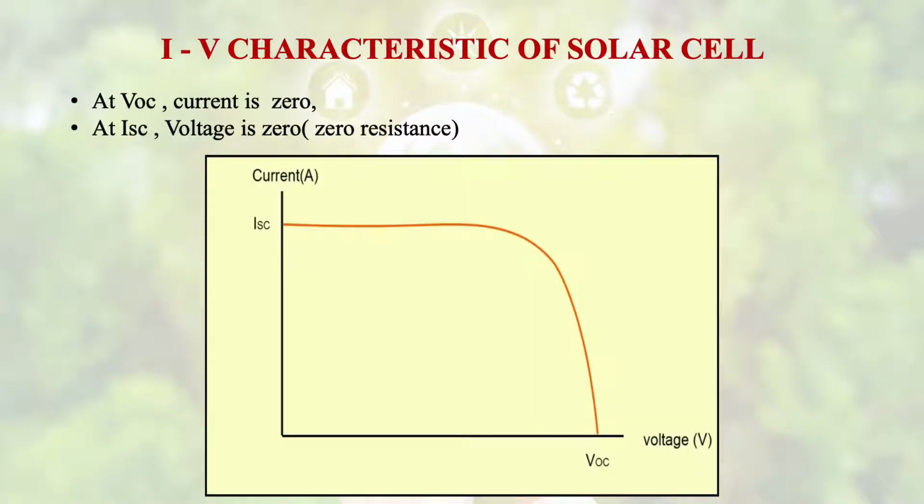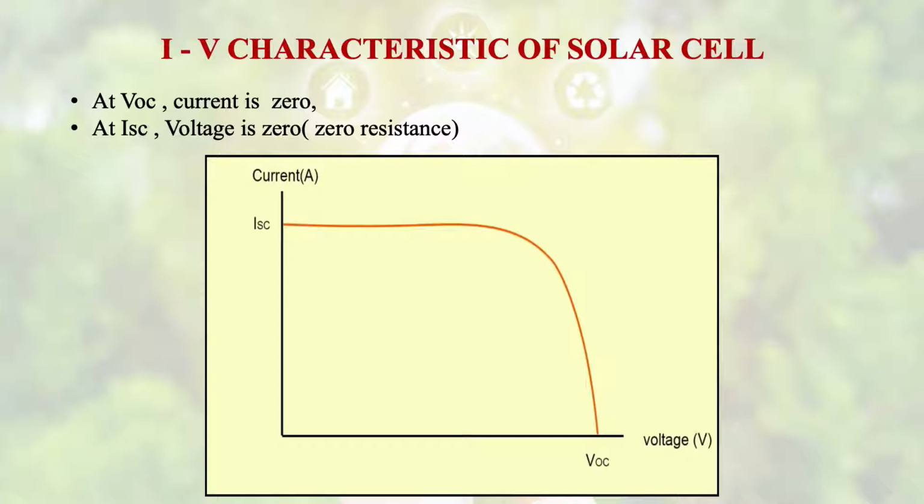So you can see here the IV characteristics of a solar cell. A typical IV curve for a solar cell is shown in the figure. At VOC, the current is zero. At ISC, the voltage is zero. You can see in the figure, on the horizontal axis, the VOC, where the current is zero.